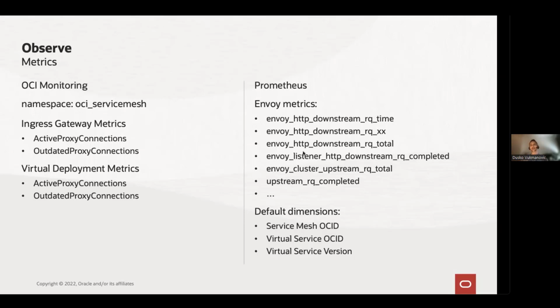But through Prometheus, you will be able to fetch any metric that Envoy provides, and there are hundreds of metrics. I listed some here just for example, but there is a huge number of metrics, and then you have to pick and choose what you want to use. The default dimensions are mesh, virtual service, and service version.